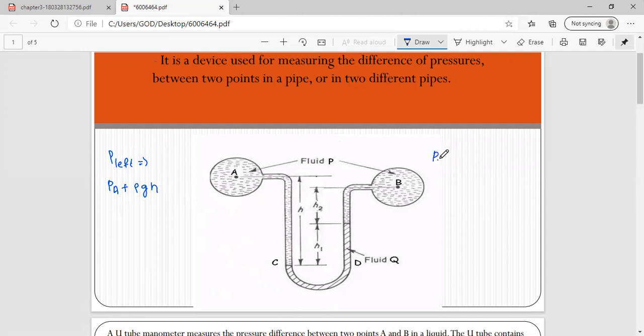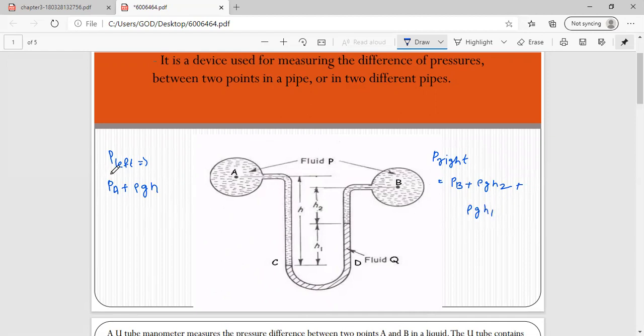Similarly, pressure in the right limb we wrote as PB plus rho g h2 plus rho g h1.